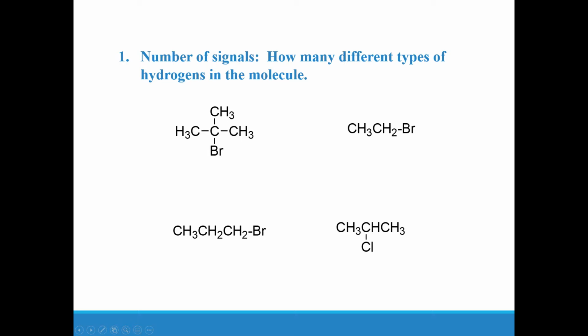If we were to linearize the molecule and have ethyl bromide, we can see that this hydrogen is different from this hydrogen because it's feeling more of the electronegativity from the bromine. So these 2 hydrogens are not equivalent, so we have 1 and 2. If we were to add another methyl group to the end, then we would have 1, 2, 3.